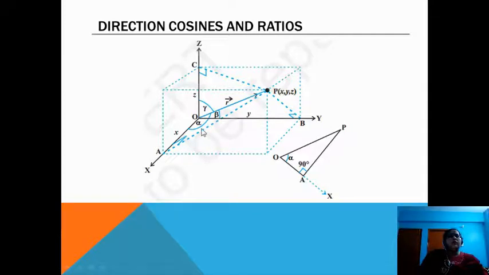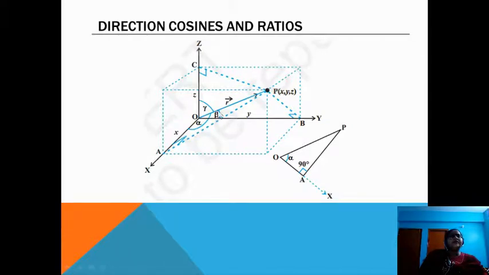And now we see here these angles alpha, beta, gamma. What are they? Look carefully that this angle alpha is the angle which our position vector OP is making with the positive direction of the x-axis.